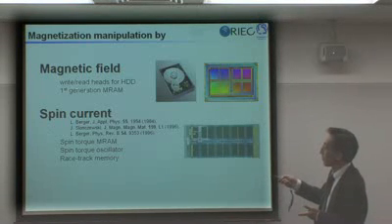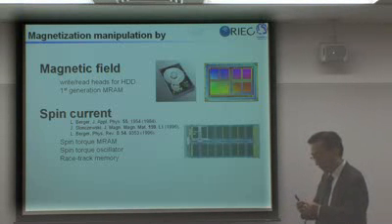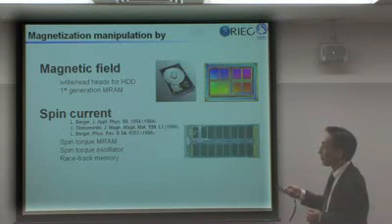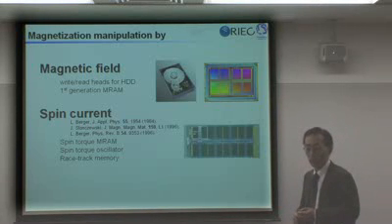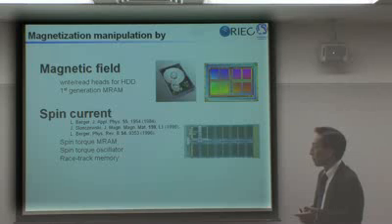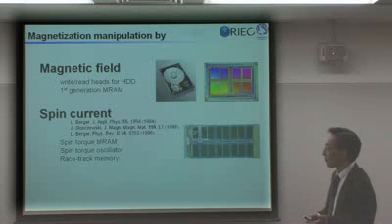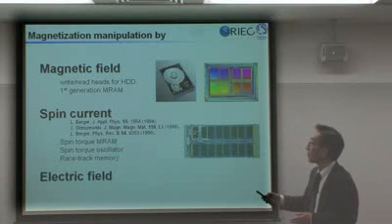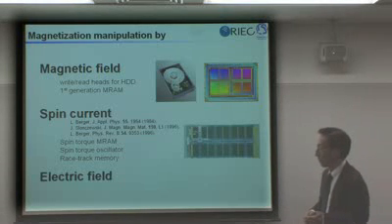This is less power hungry than this approach when it becomes a very small magnet. But still, we would like to reduce the power even further. And in order to do so, we would like to look into the possibility of electric field magnetization manipulation.